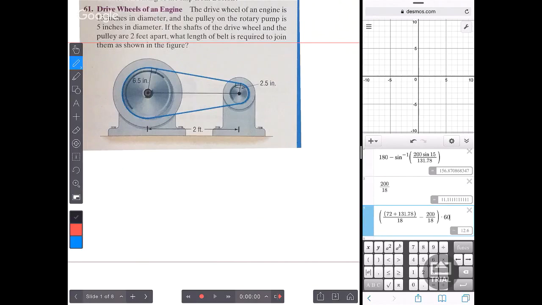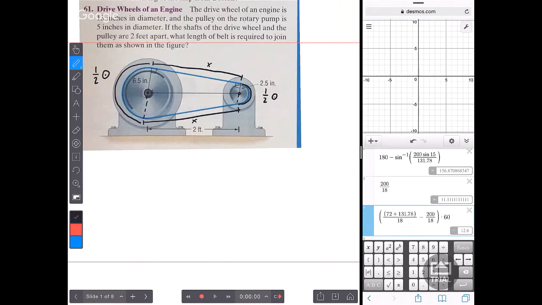So I'm going to go ahead and add to my diagram there. I'm going to say we need to find this length, x, which is the same as this length, x. And then I'm going to have to find this length, which is a half of a circle, and this length, which is also a half of a circle.